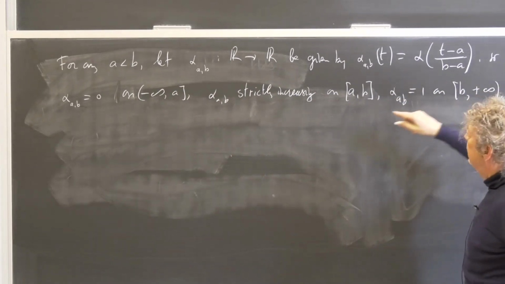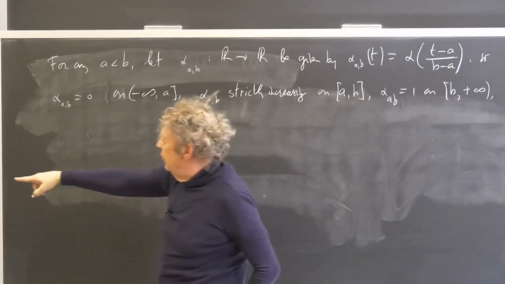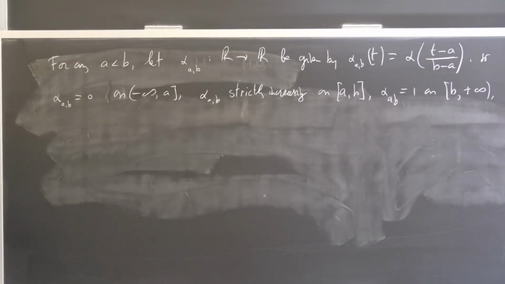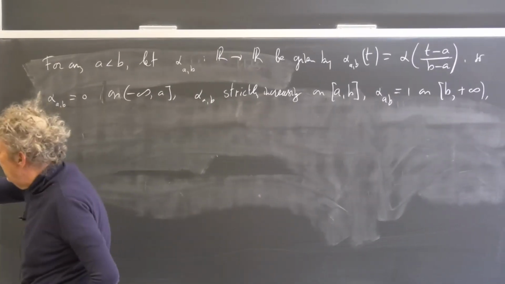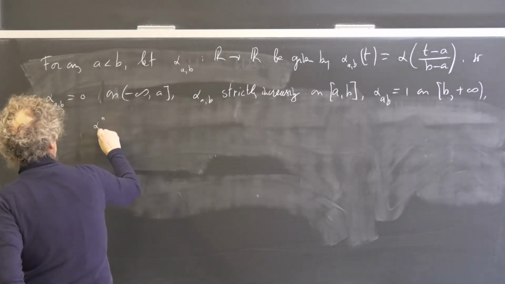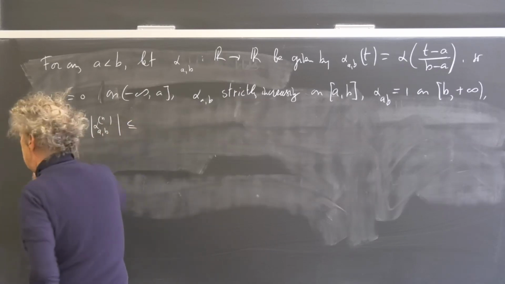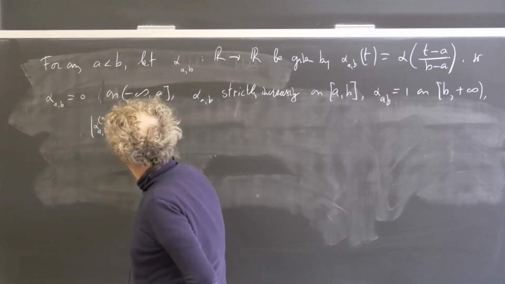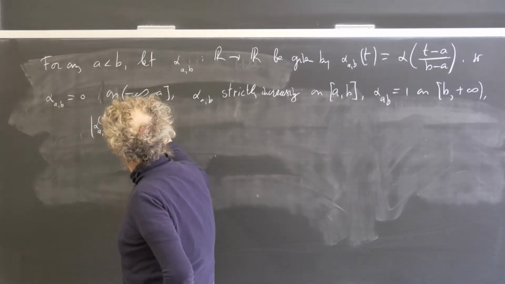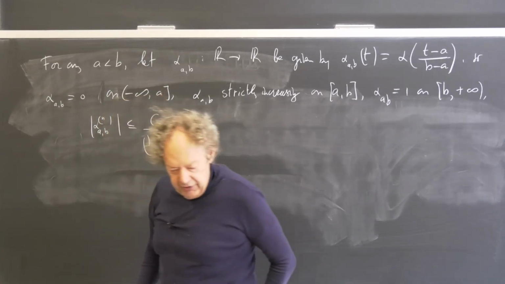What is useful for us is to have also bounds on the derivatives that you can get from that. The nth derivative of alpha a,b will be less than or equal to Cn divided by b minus a to the power n, if I'm not mistaken.